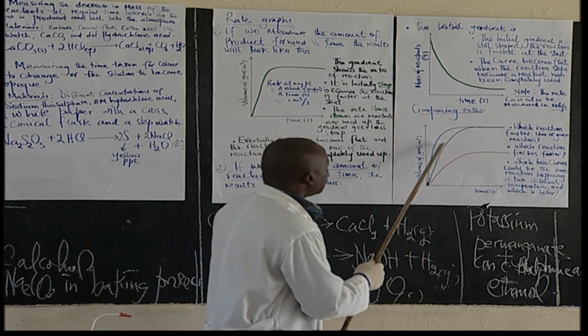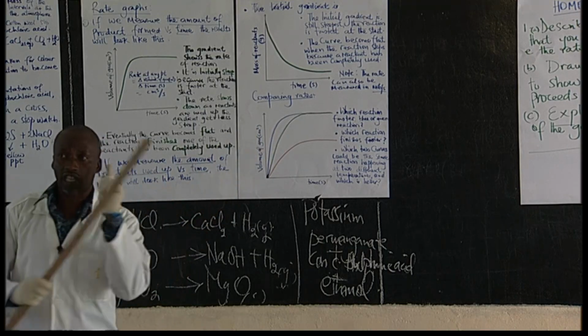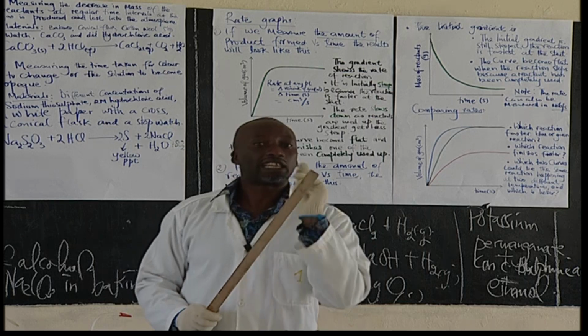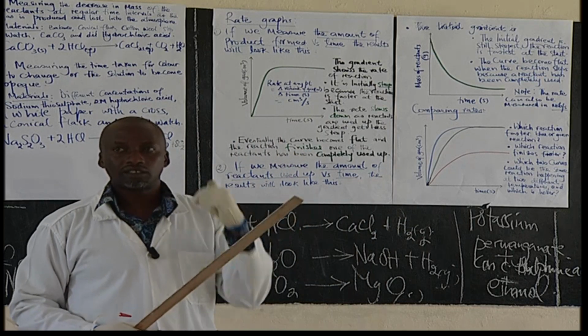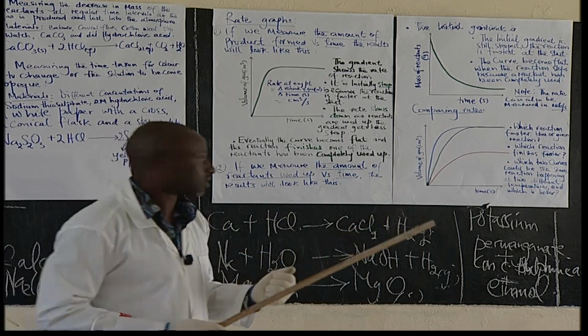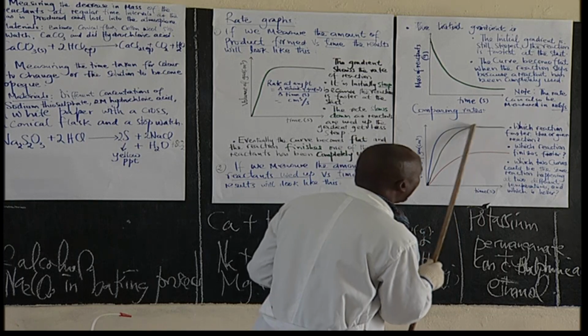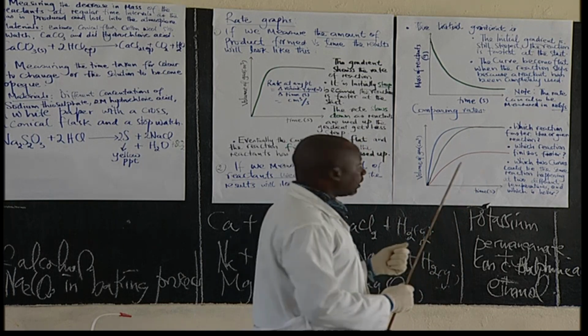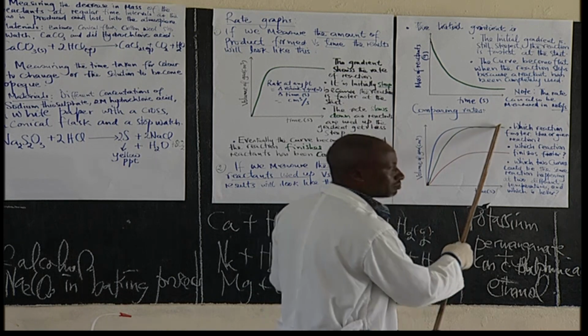This reaction here is faster than this. These reactions are the same, only that they are taking place at different conditions. How do you know? Because the reactions end at the same time. So they are leveling off at the same time.